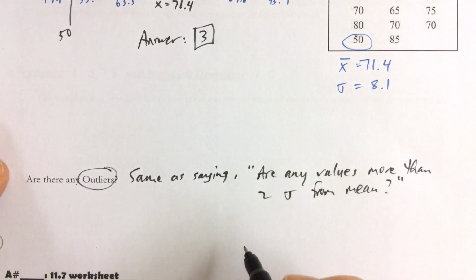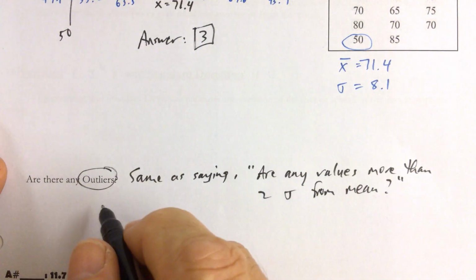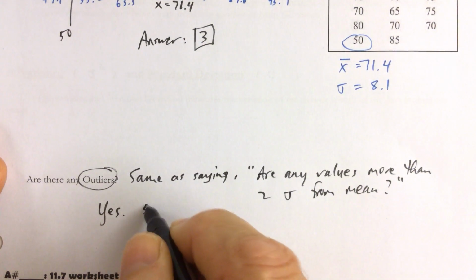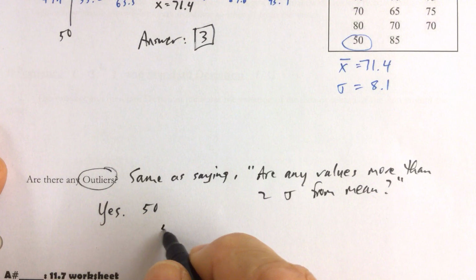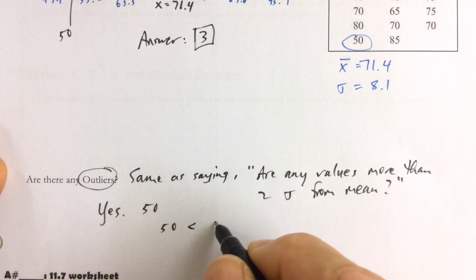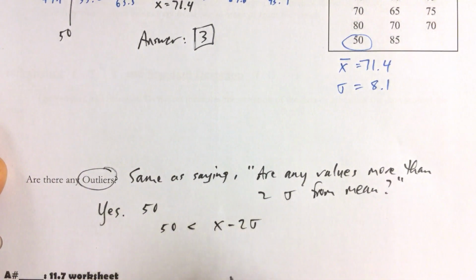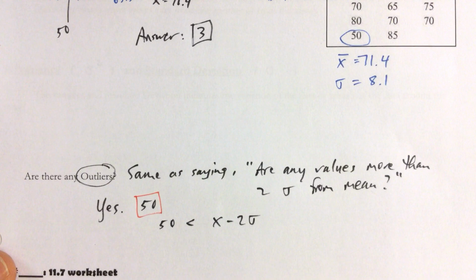And certainly we just found that 50 is less than the mean minus 2 standard deviations. So that's what the answer is. 50 is an unusual value. It's an outlier. And that's it.